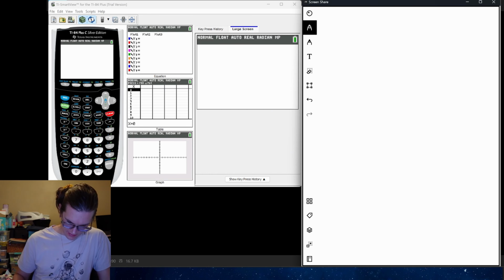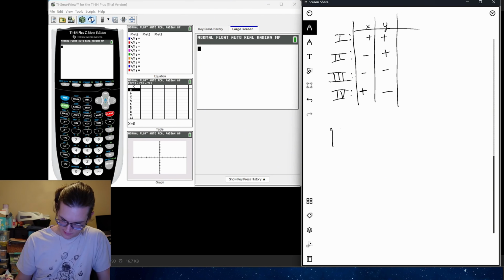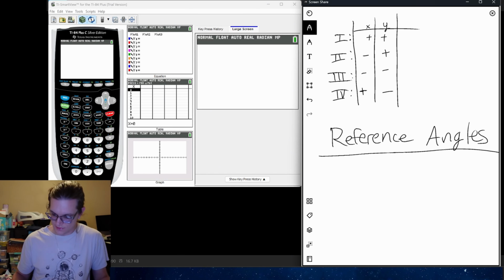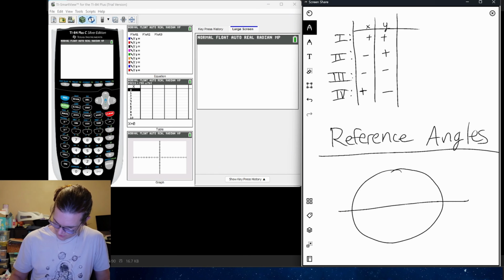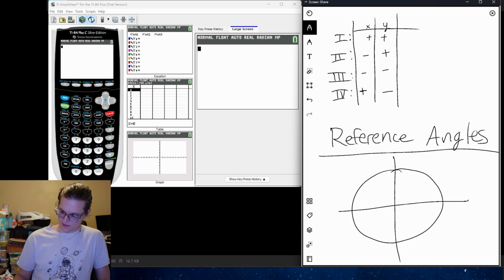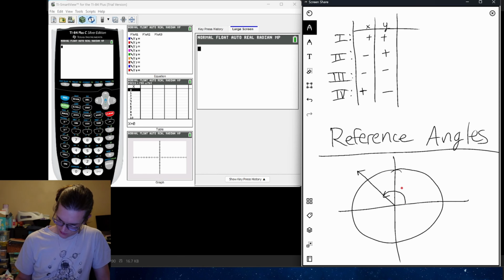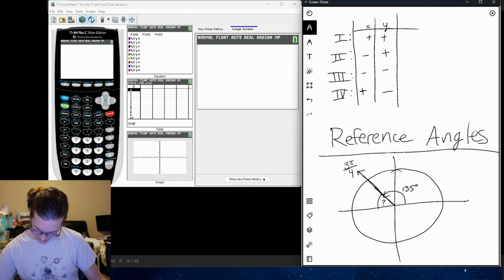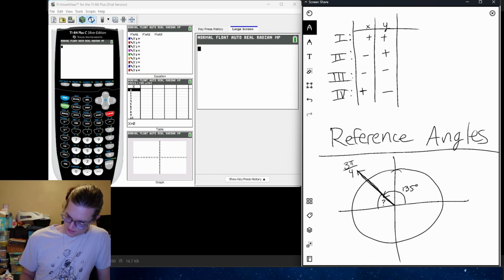All right. And the idea of a reference angle is pretty simple to understand. It's honestly something that comes to mind immediately when I'm looking at an angle. All a reference angle is, let's say the angle is 135 degrees, 3 pi over 4, the question is, what is the acute angle made by the terminal side of the angle with the horizontal, the x-axis?